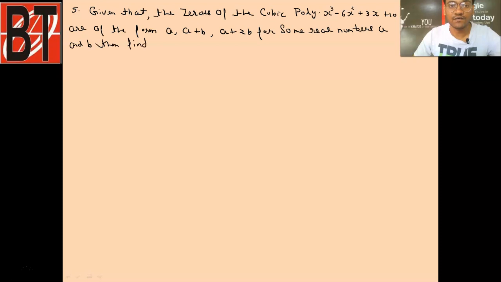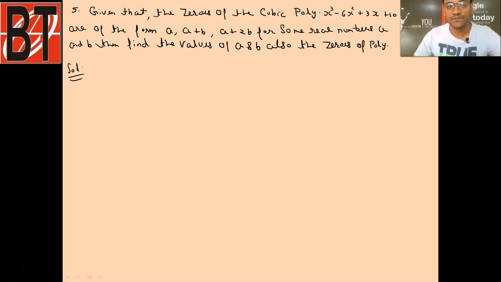Then find the values of this a and b, also the zeros of the polynomial. Okay, so let's just simplify.